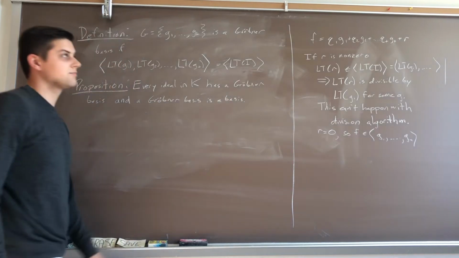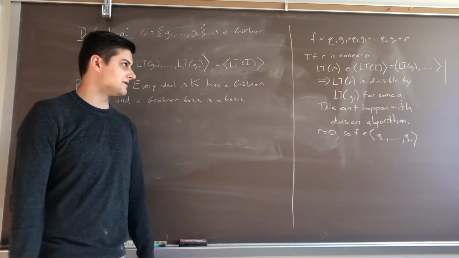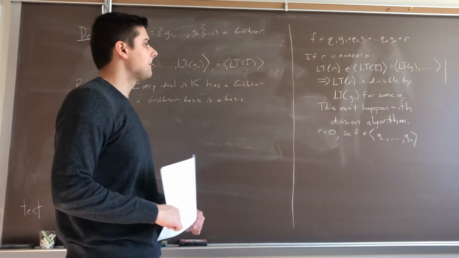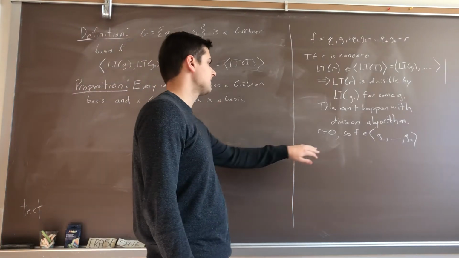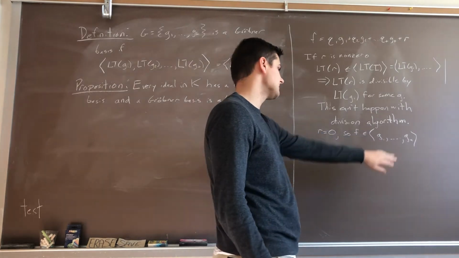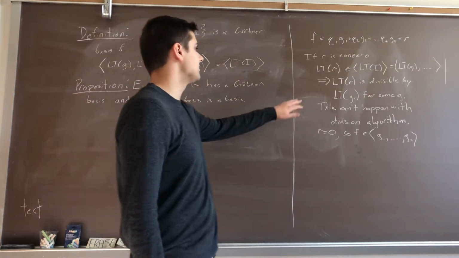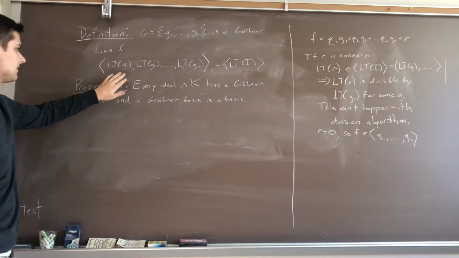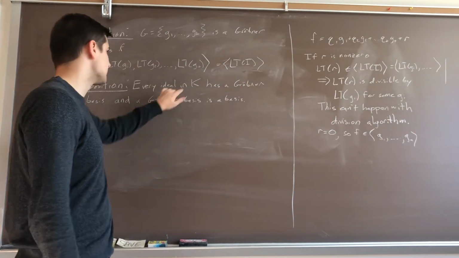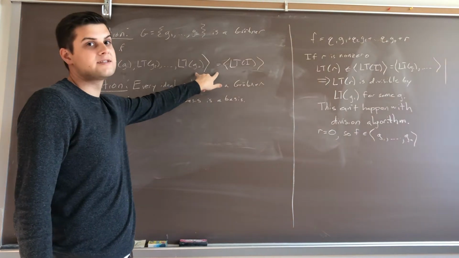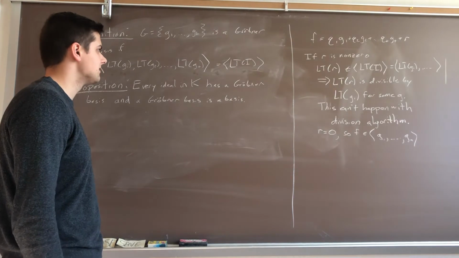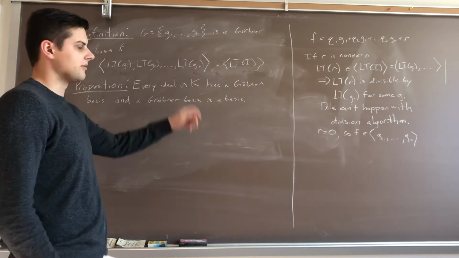And this actually follows pretty directly from our proof of Hilbert's basis theorem, because what you might notice is that the basis that we constructed for our original ideal, the g's, also satisfies this property that the leading terms generate the leading term ideal. That was basically by construction, because we started with the fact that something like this exists, and we showed that the g's form a basis for the ideal.